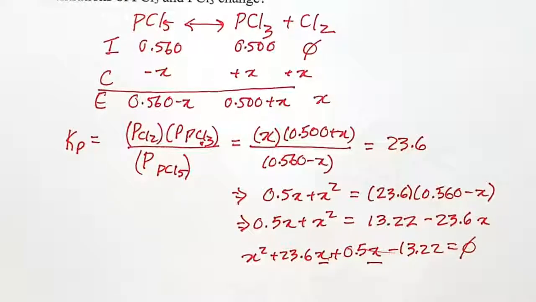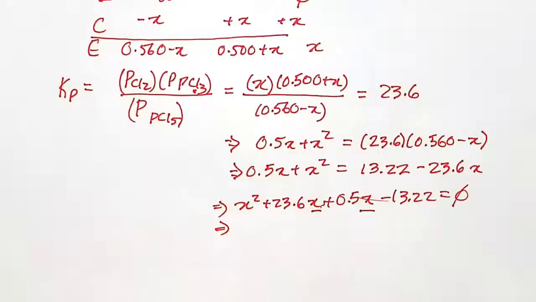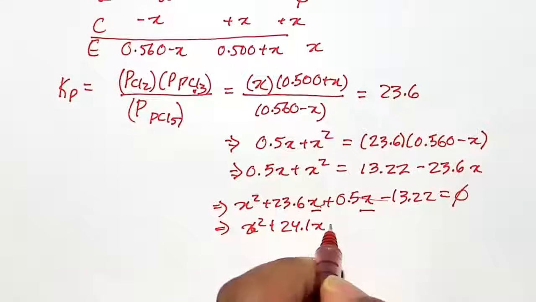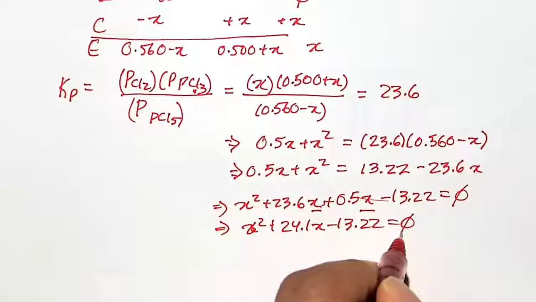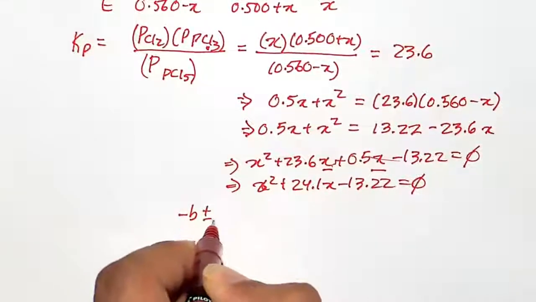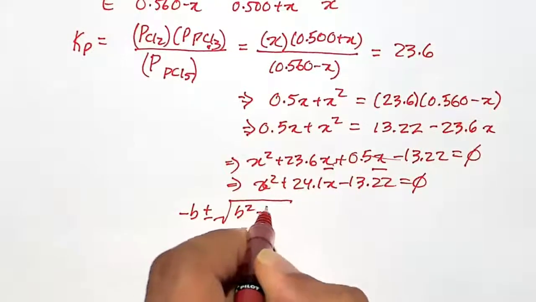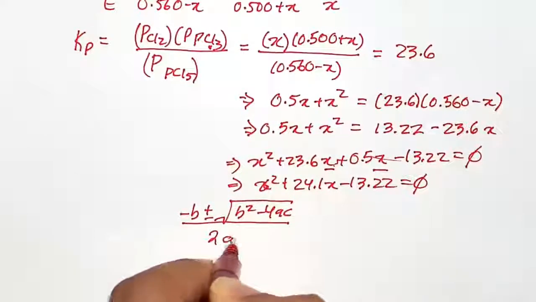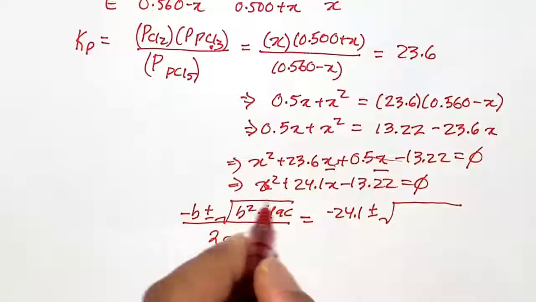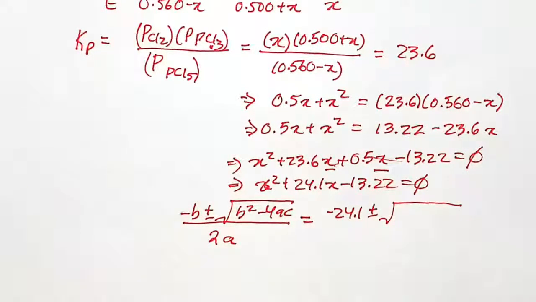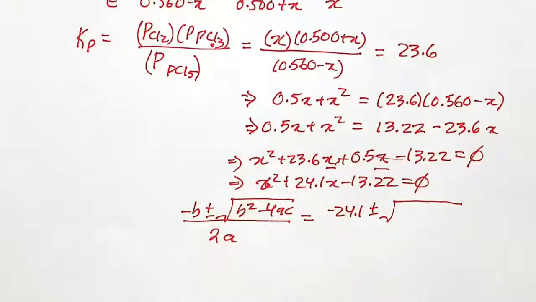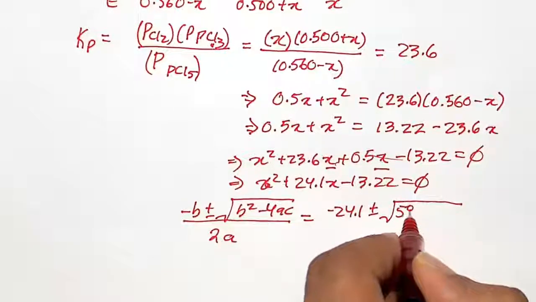I have a common x term here. I will add 23.6 plus 0.5, which is 24.1. So x squared plus 24.1x minus 13.22 equals 0. This is in the form of a quadratic, so we'll use the quadratic equation, which is minus b plus or minus the square root of b squared minus 4ac, over 2a. Minus b here is minus 24.1, plus or minus the square root of this term, b squared minus 4ac, also known as the discriminant. 24.1 squared on my calculator, I get 580.81.